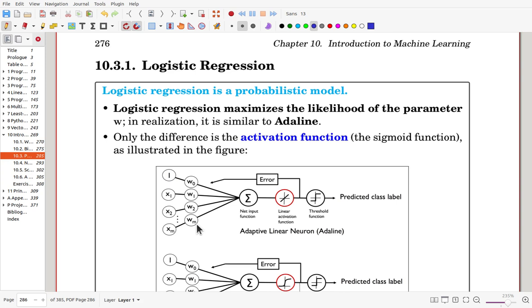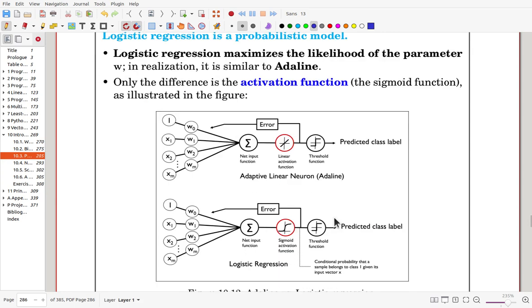Here the difference is the activation function. In Adaline, the identity is the activation function, so there's no activation. However, in logistic regression, we are using the sigmoid function for activation. And that's the only difference for logistic regression.